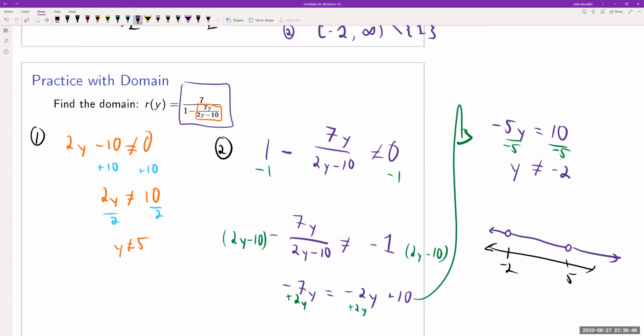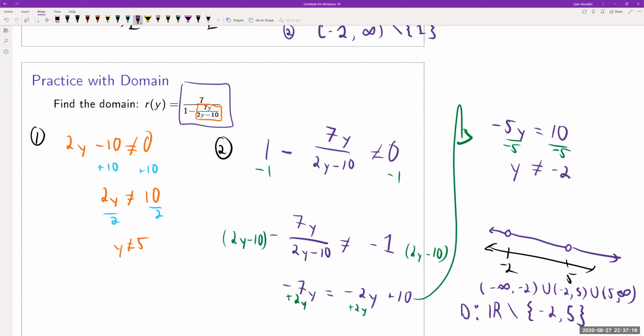So what I would do is choose to write the domain as all real numbers except for those in the set containing negative 2 and 5. This is the set of numbers that I am not including. Or in terms of interval notation, you could do negative infinity up to negative 2, and negative 2 up to 5, and 5 up to infinity.